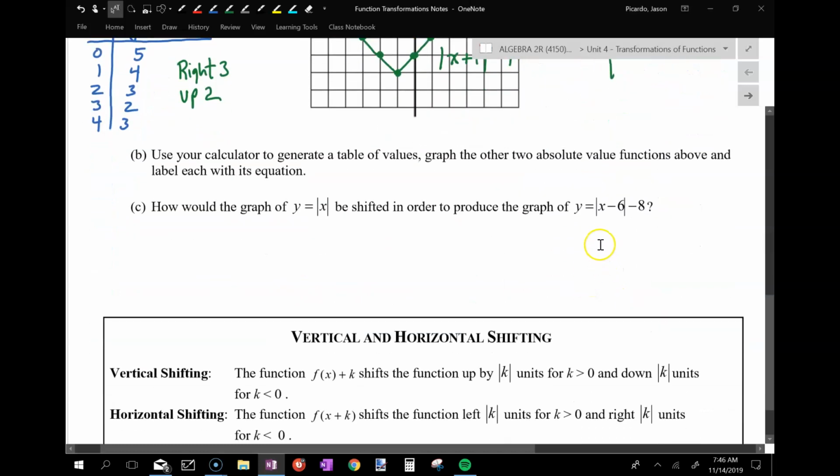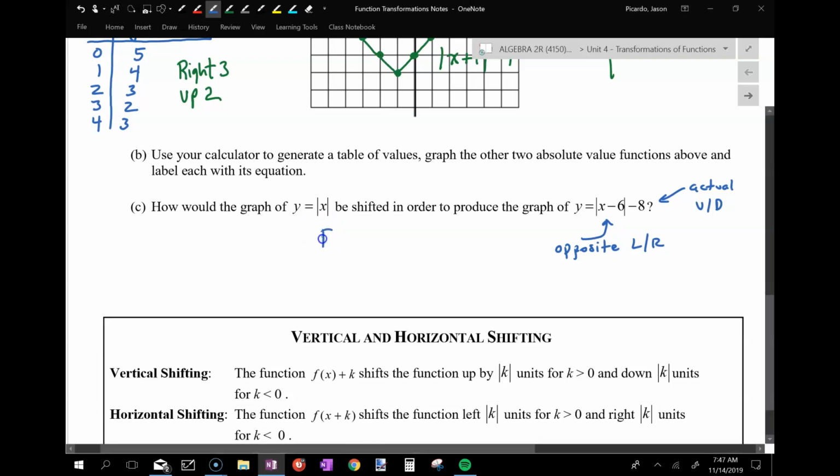So based on that idea, guys, what do we think is going to happen here? Thank you. What do we think is going to happen here? It looks like I'm going to shift to the right 6 and down 8. Exactly. So it's always going to be the opposite for left and right, and the actual for up and down.